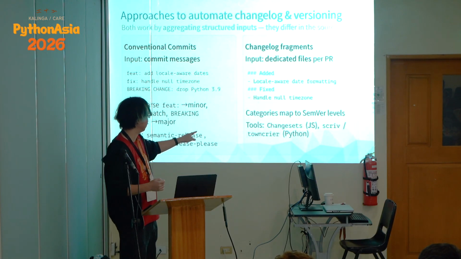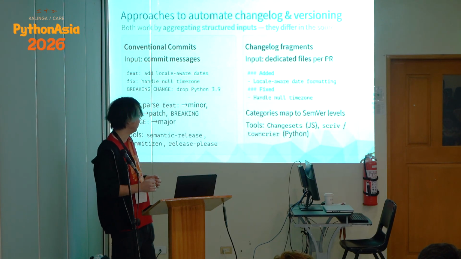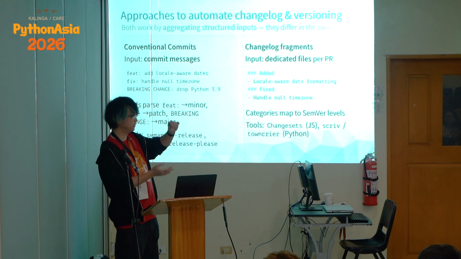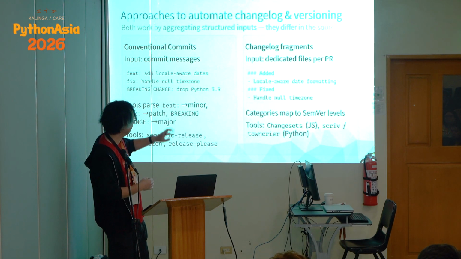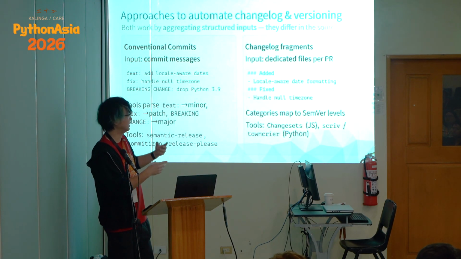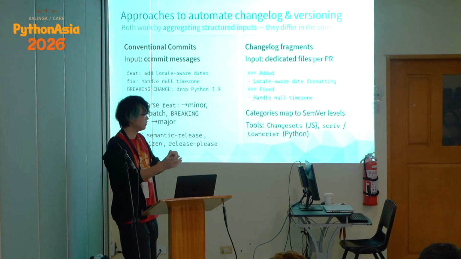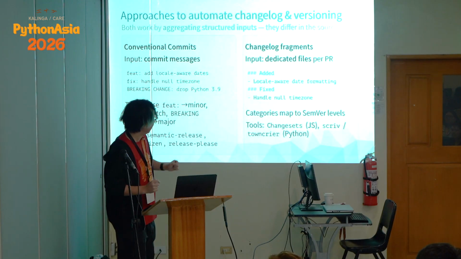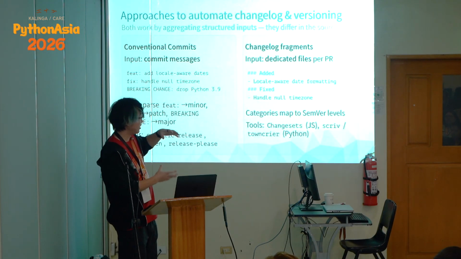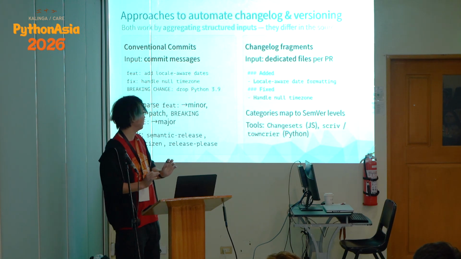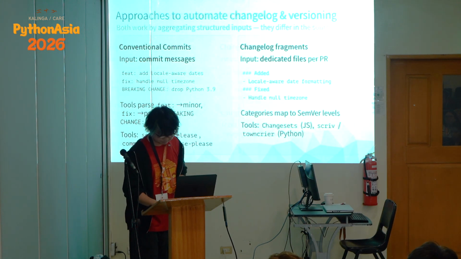Tools like changeset, which is widely used in the JavaScript ecosystem, by the way, aggregate the committed files that represent what the changes are, and then generate the changelog document and calculate the next version.